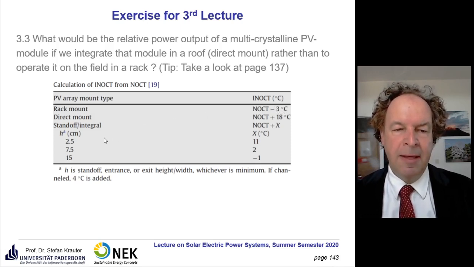power. In contrast to that, if we would integrate it here on a roof mount, direct mount, then we would have 18 degrees more. That means we would have higher operating temperature, less voltage, and less power output.